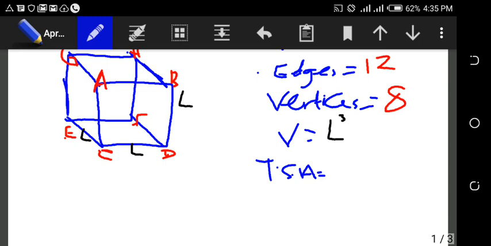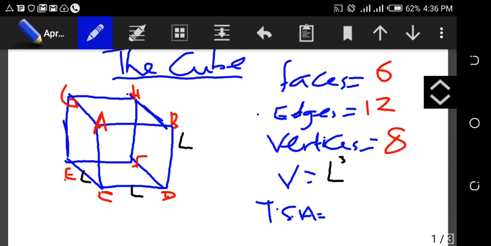But for a solid like a cube, we have to calculate the area of the lateral faces and then add them up. As we already know, our cube has 6 faces, so we need to calculate the area of those 6 faces and add them up, and that gives us the total surface area.